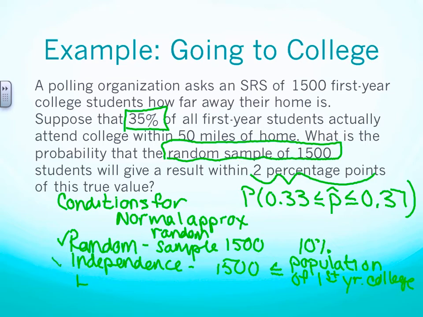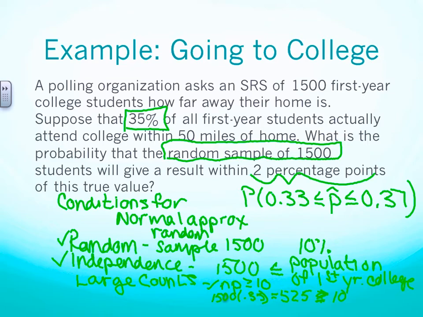And then finally, the large counts, or your success failure condition. We're looking for n times p to be greater than or equal to 10. Well, 1,500 times 35% is equal to 525, which is definitely greater than or equal to 10. So you're good on your successes.